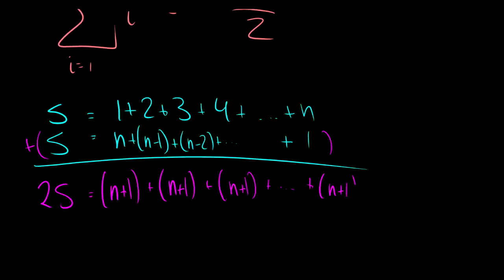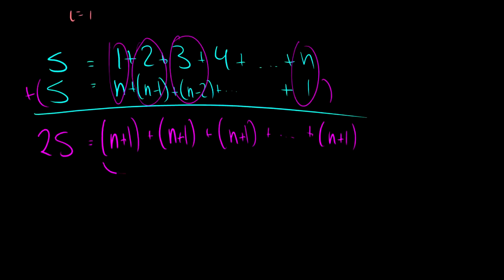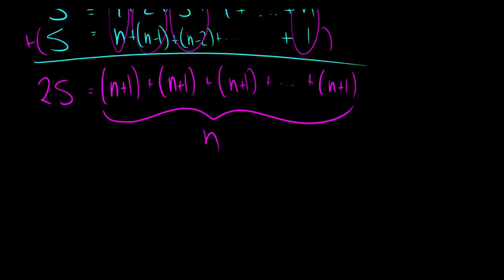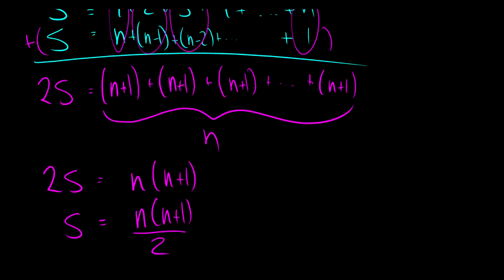Again, I'm just adding vertically here. So how many numbers are there? Well, there are n numbers, so this is added n times. So really, 2s is equal to n times n plus 1. So that means that s is equal to n times n plus 1 over 2.